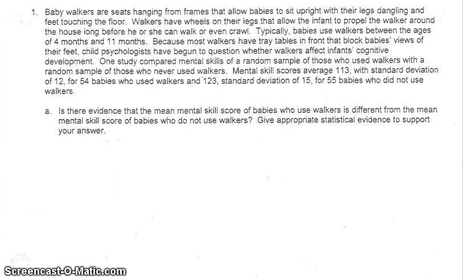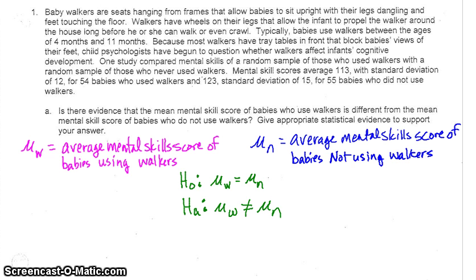Mine will pop up in a moment. Here I have mu sub w and mu sub n, and I've set them equal to each other or not equal to each other, based solely on the fact that they're asking whether it is different. That should help us with a heads up.